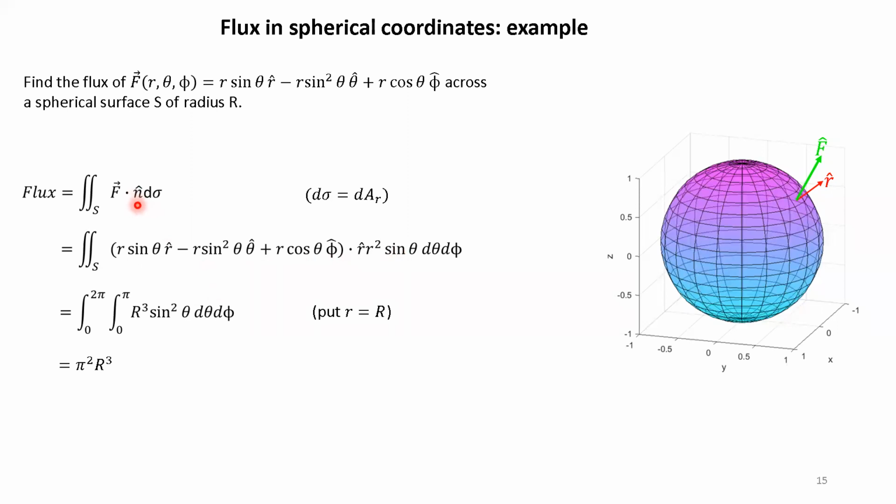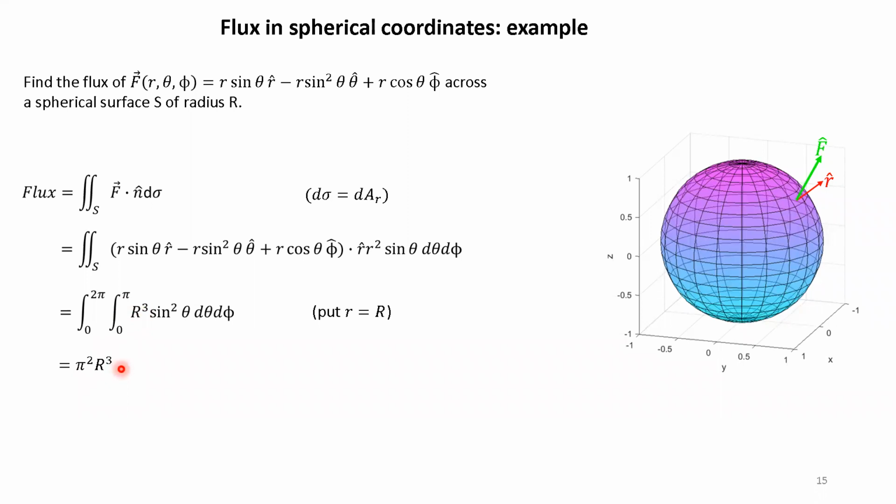So then f dot n is just f dot r hat, and then you actually do the dot product, and the integrand will depend on r, theta, and phi. But again, because we are talking about a spherical surface, the r is a constant value. The r is capital R, which is the radius of the sphere, and at the end you get the answer here.